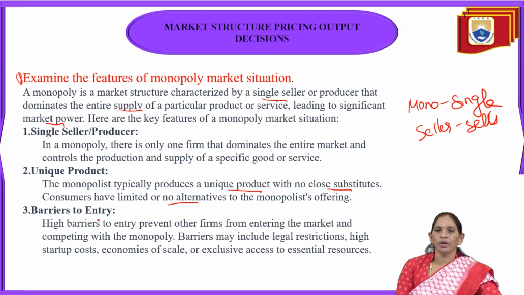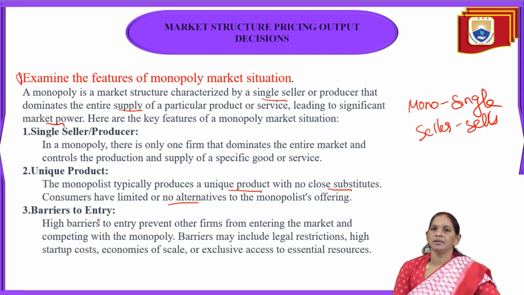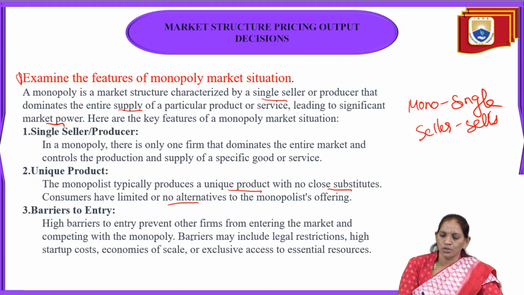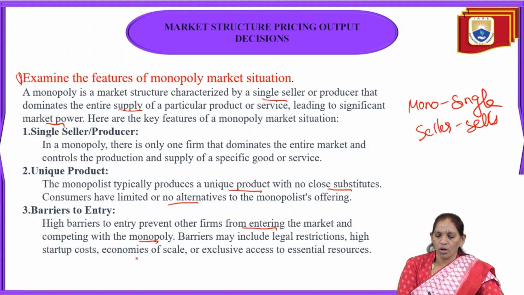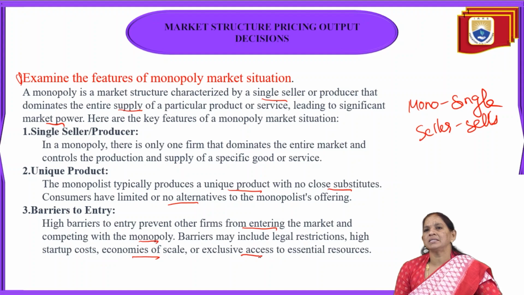Next, barriers to entry. As we have seen, an imperfect market always has restricted entry. As the monopolist is a single seller, he has high barriers which prevent other firms from entering the market and competing with the monopoly. Barriers may include legal restrictions, high startup costs, economies of scale, or exclusive access to essential resources.